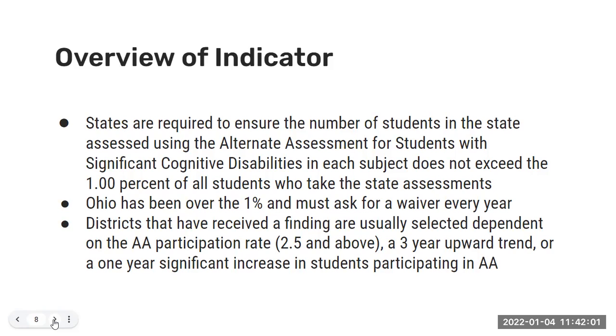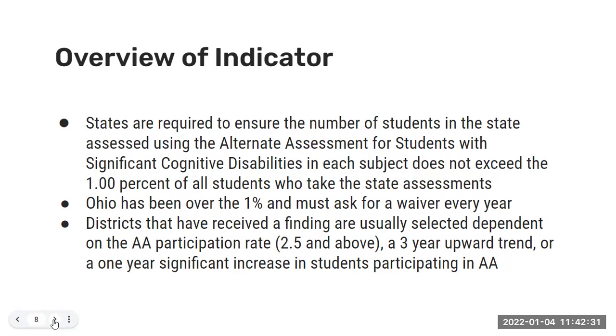Now that is set federally, and Ohio has been over this 1% for quite a few years, and they must ask for a waiver every year. So far, they have been able to get the waiver. Part of the problem, though, Ohio was one of the highest percentages over the 1%. I will let you know that has significantly dropped this past year, but we still are over the 1%.